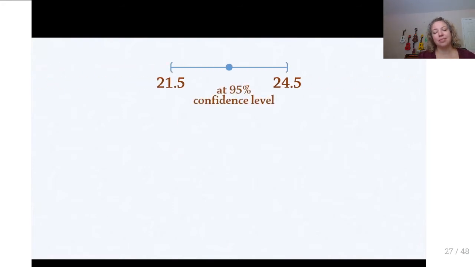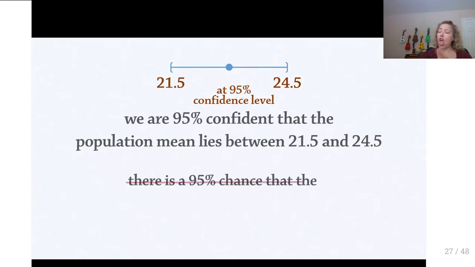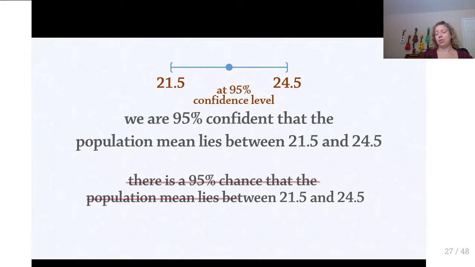Now, suppose the interval 21.5 to 24.5 was obtained at the 95% confidence level. To interpret that, we say, we are 95% confident that the true population mean lies between 21.5 and 24.5. Note that it will be incorrect to say that there is a 95% chance that the population mean lies between 21.5 and 24.5.